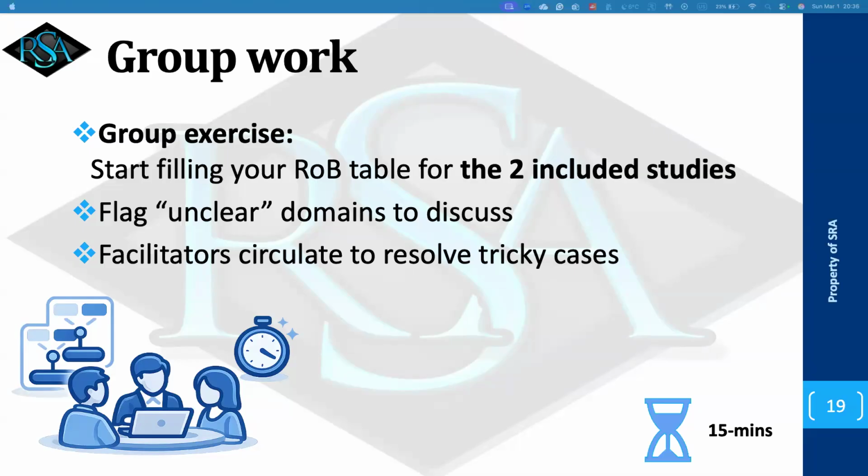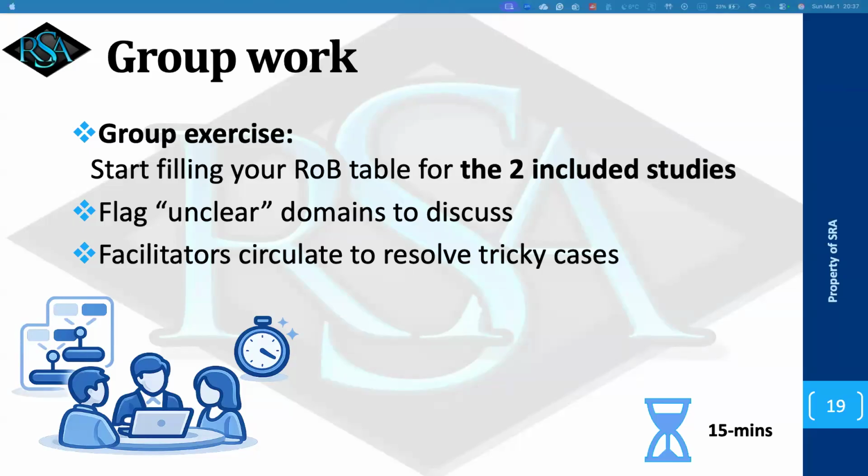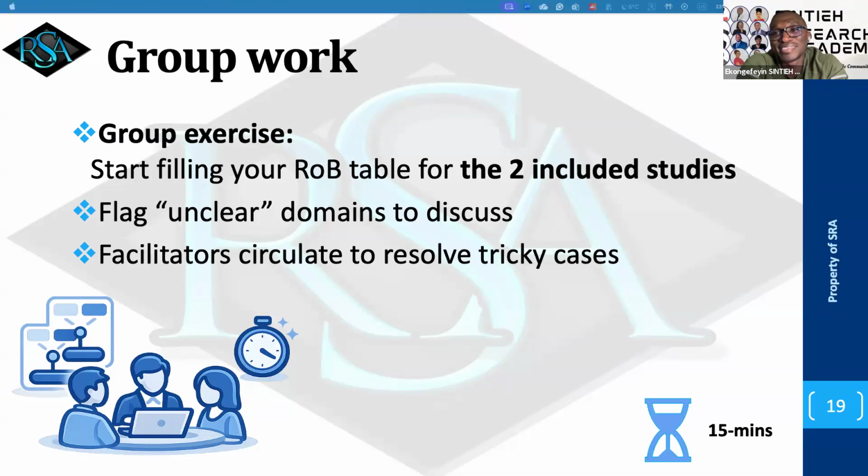I gave you just two papers. Two tiny papers, and a big 15 minutes. Okay, I think we really need more time. No, no, you guys are going to continue in your groups to do this and do the other papers.